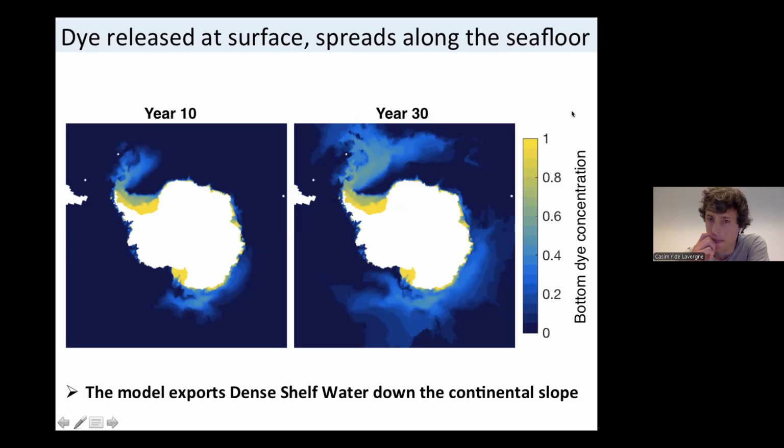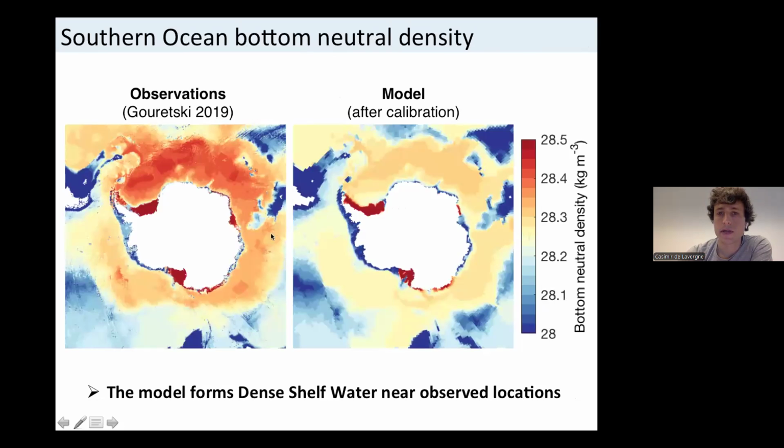But the bottom density was still too light, right? So there is too much mixing downslope. Yes, exactly. The bottom boundary layer parameterization or something? Yes, that's right. I was trying to go fast, but what you see is that you still lose too much density when you go down the continental slope.